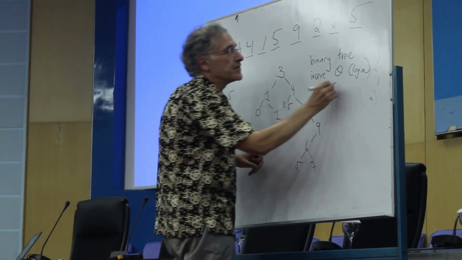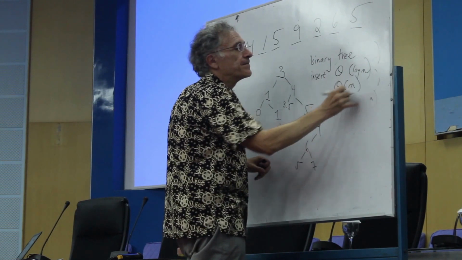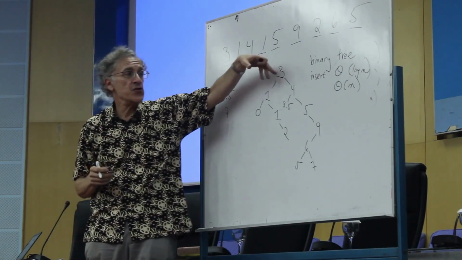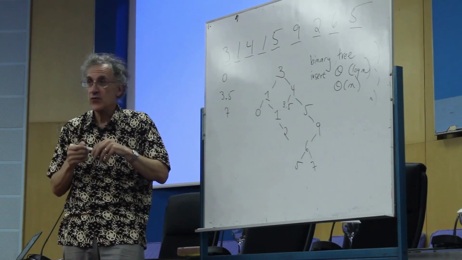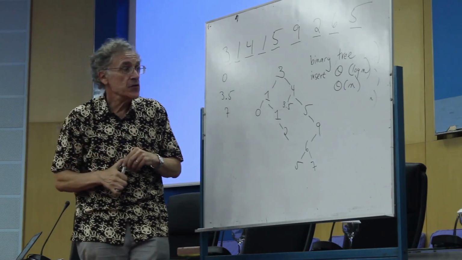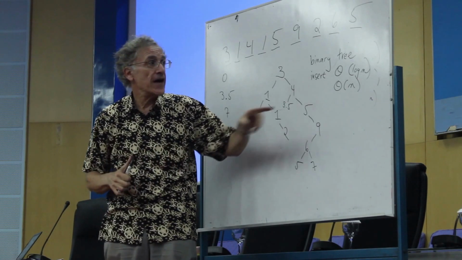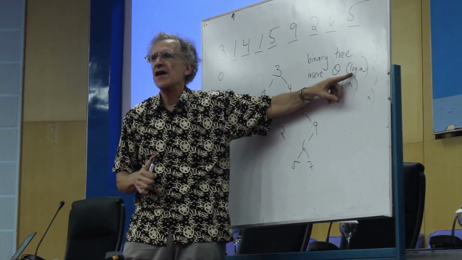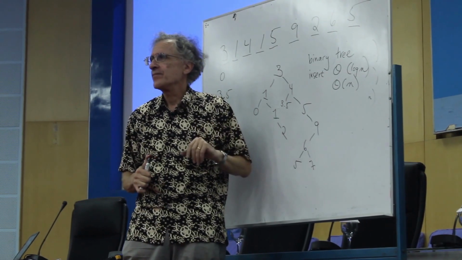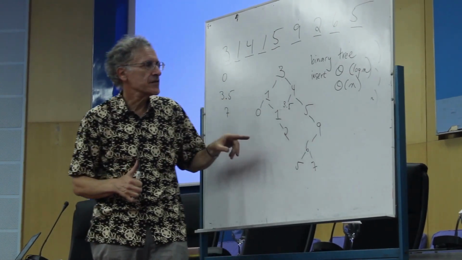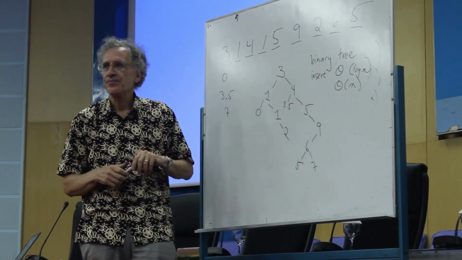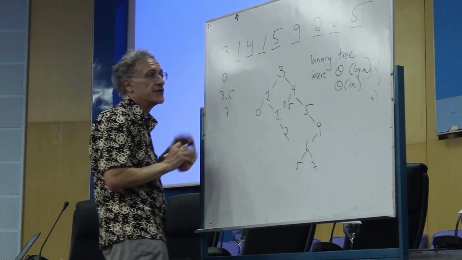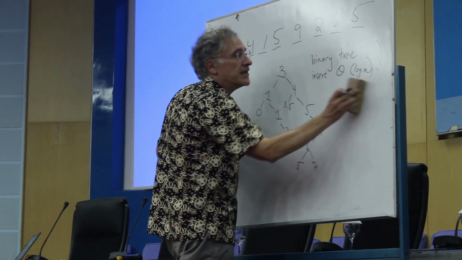And then the number of levels is n. If you have random numbers and you put them into a tree, you can experiment. You will find that about 2 times log n is the average length of insert. So usually, when you use a binary tree, you are lucky.